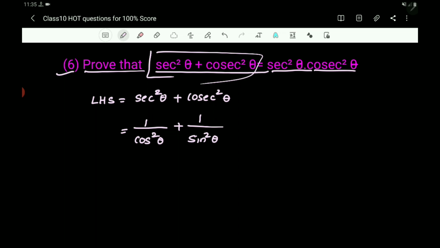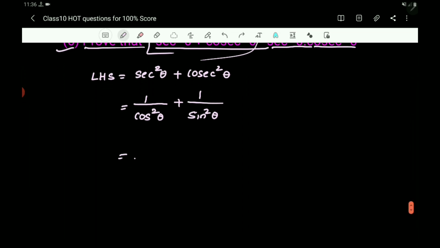Sin and cosec are the reciprocal of each other, and sec and cosine are the reciprocal of each other. So you got sec² theta is 1 by cos² theta and cosec² theta is 1 by sin² theta. Now you take the LCM.